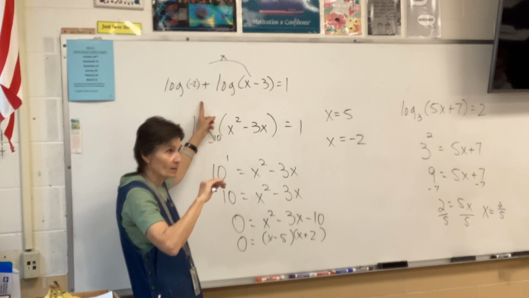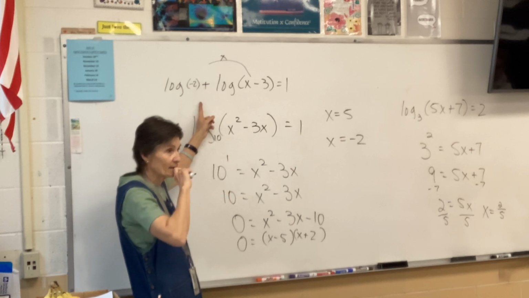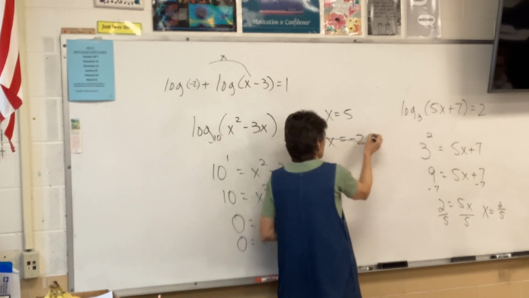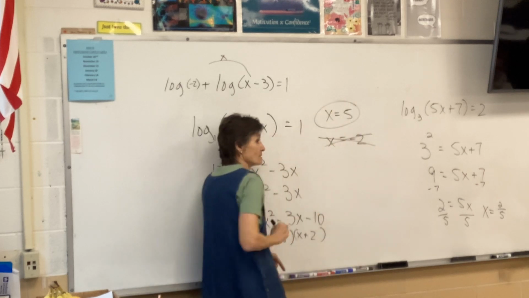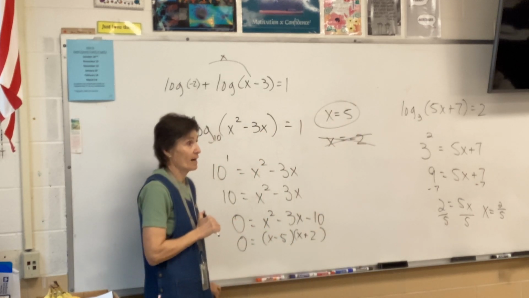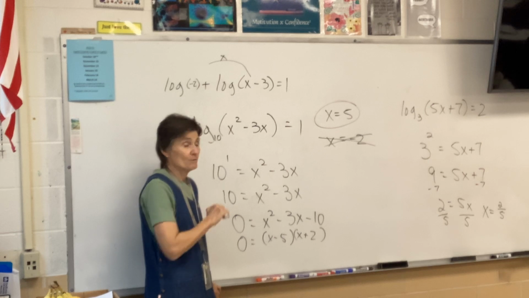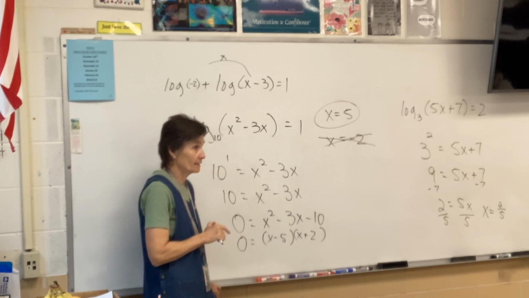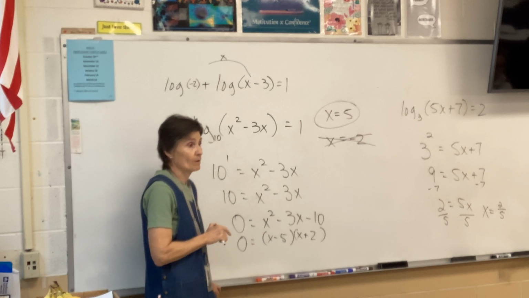Can you do the logarithm of a negative? No, you can't. So this is an extraneous root, and the only answer to the problem is 5. If you don't remember what I'm talking about, press log negative 2 on your calculator right now, and it will say error. You can't do it. You can't take the log of a negative.